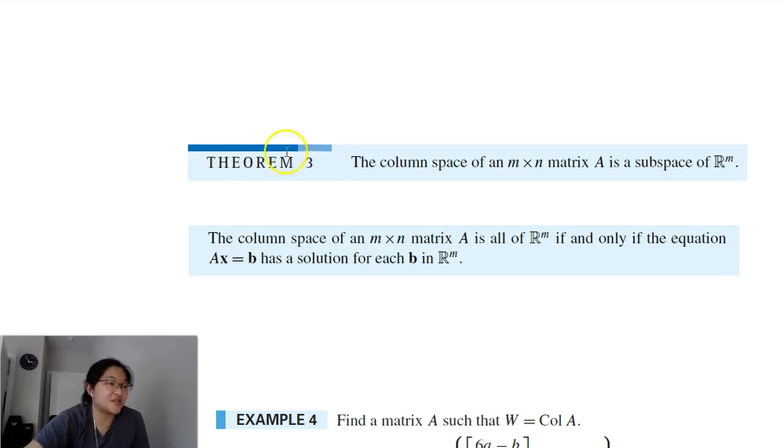The column space of A is all of Rm if and only if the equation Ax equals b has a solution for each b.